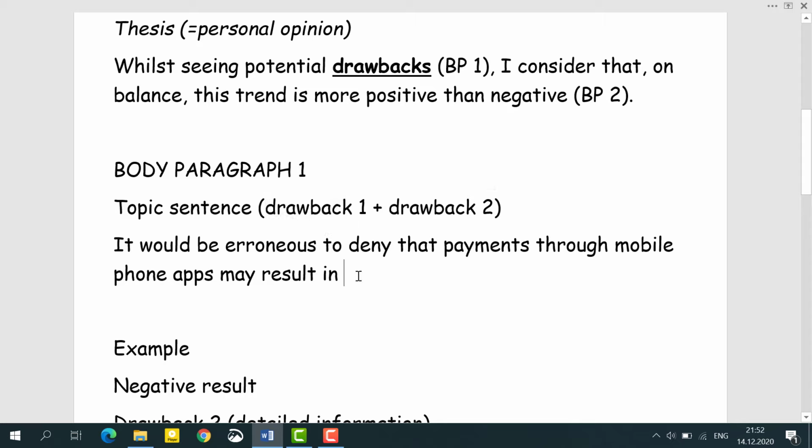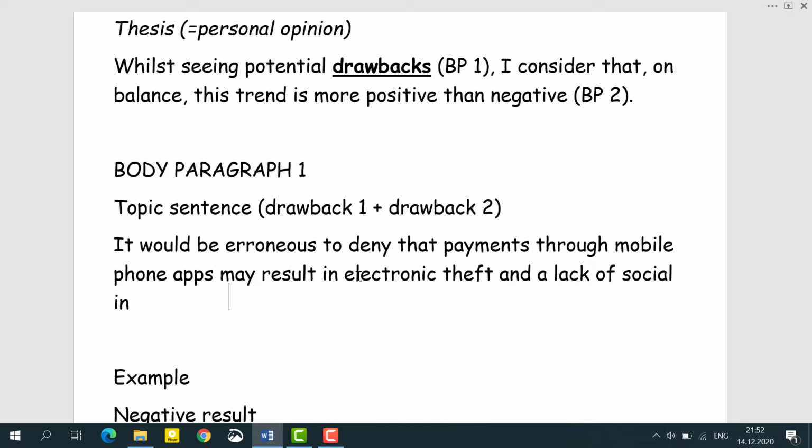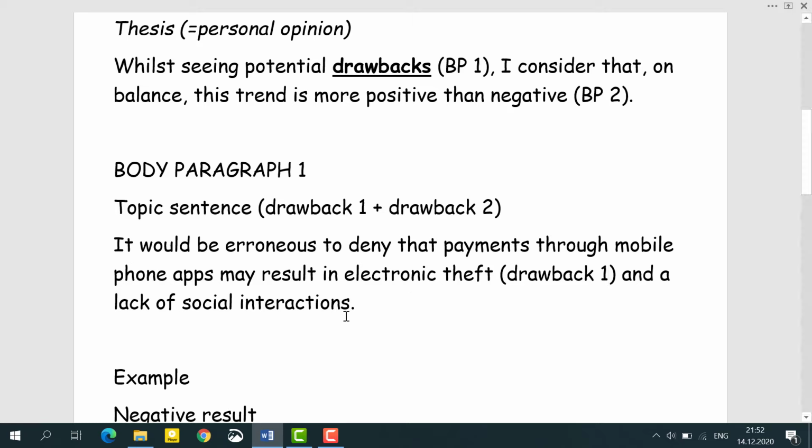The first one would be electronic theft, and a lack of social interactions. Electronic theft would be drawback 1, and a lack of social interactions would be drawback number 2.